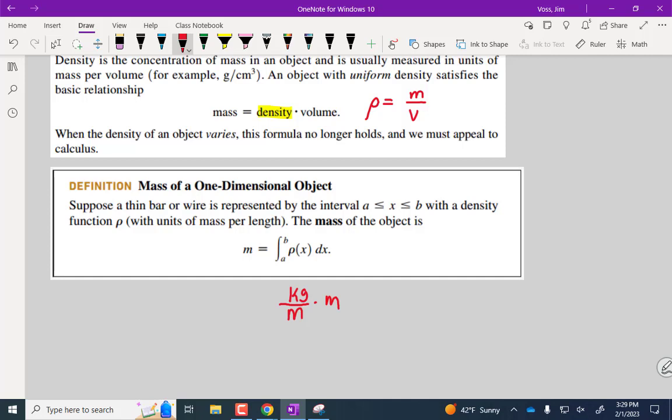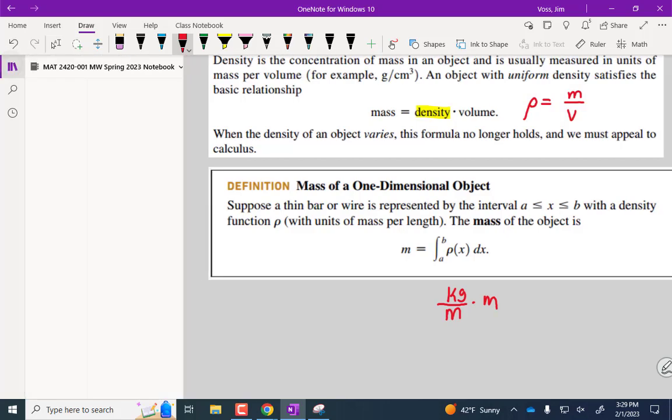If this was a triple integral, it would be kilogram per meter cubed, and your differential would be a dV, which would be meters cubed. The units are definitely the place to look for all these applications, because if the units don't line up, then something's wrong.